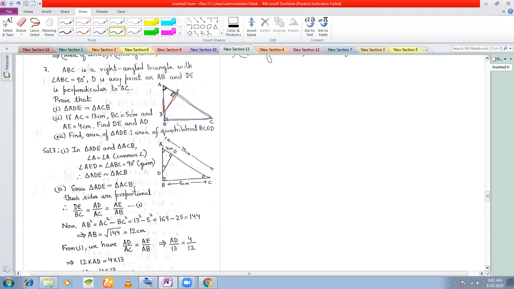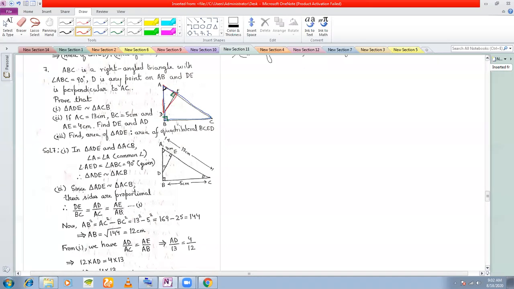This angle from this small triangle and this angle from this big triangle, you know them to be 90. So you have shown two angles of two triangles to be equal. So therefore they are similar by the angle rule. And what is the third angle that is equal in the two triangles?